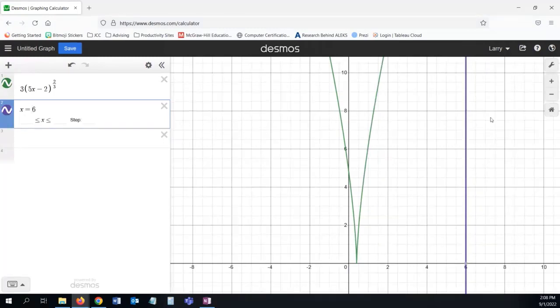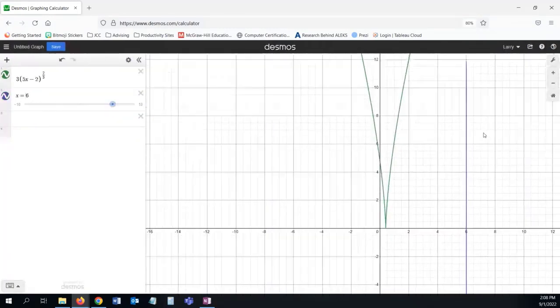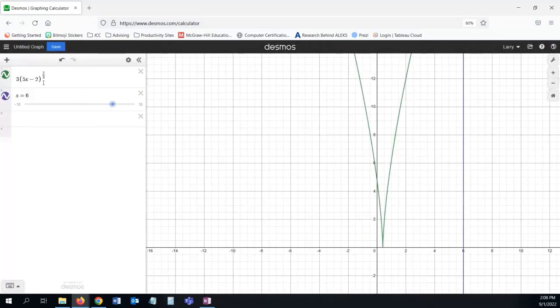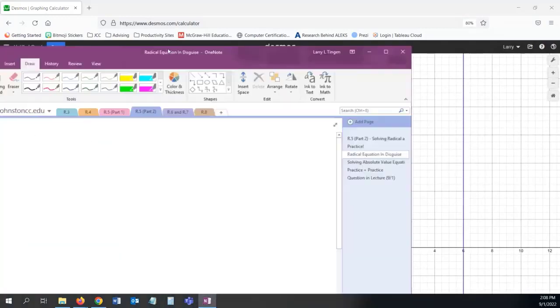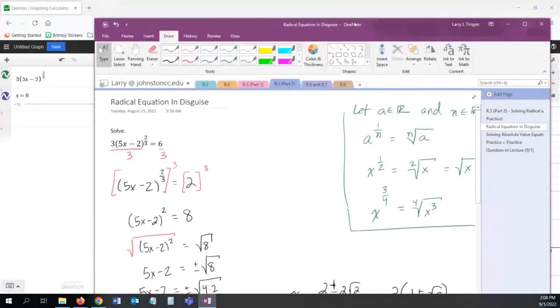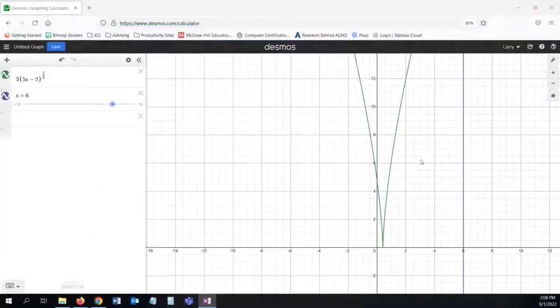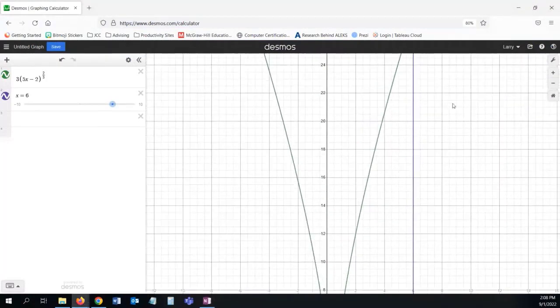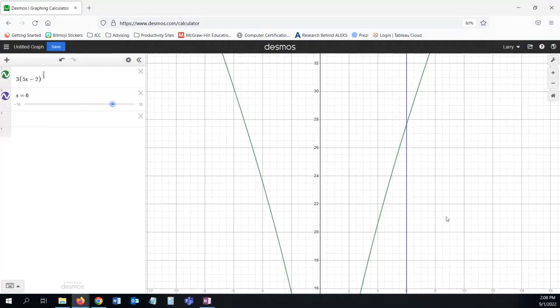What I'm looking for is, remember, what did I start with? I started with this equation, 3 times quantity 5x minus 2 raised to the 2/3 is equal to 6. So the left-hand side of the equation is my green graph, the right-hand side is my blue graph. I'm looking for when these two things are equal.